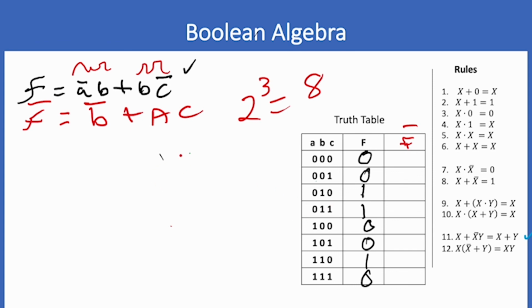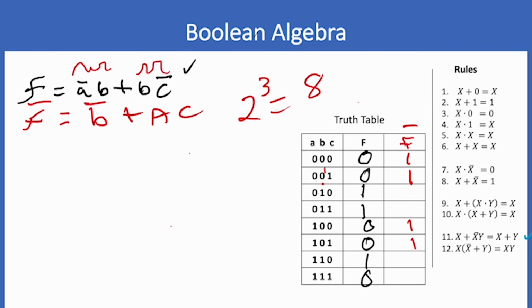It's going to be a 1 when b bar is a 1, when b is a 0. So when b is a 0 here, we have a 1 here. B is a 0 here, we have a 1. B is a 0, we have a 1.